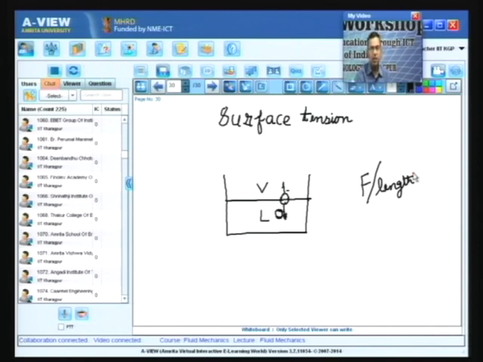So with this understanding of surface tension force, let us now see what the consequences of this surface tension force are. One of the important consequences is to create a pressure difference across the two sides of an interface, and next we will learn what the pressure difference across two sides of an interface is because of surface tension.